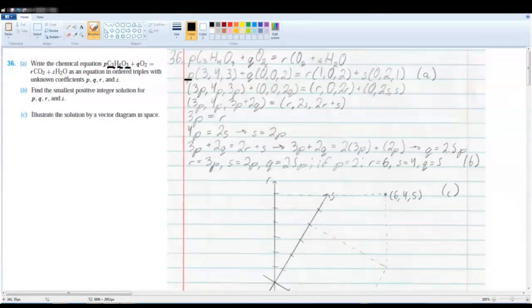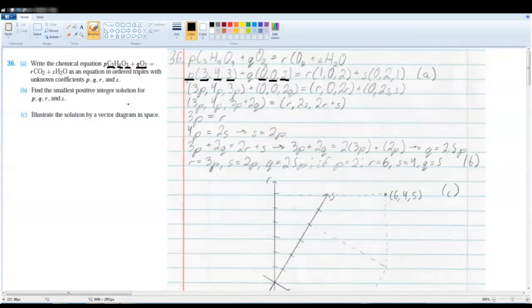So I basically wrote that as P, so that's a scalar multiple, times 3 for carbon, 4 for hydrogen, and 3 for oxygen. Then over here we have Q times O2. So basically we don't have any carbons, so 0. We don't have any hydrogens, so 0. And we have 2 oxygens, so that's 2. And I basically did that with carbon dioxide and water. And that's my solution to part A. That's the equation in ordered triples.